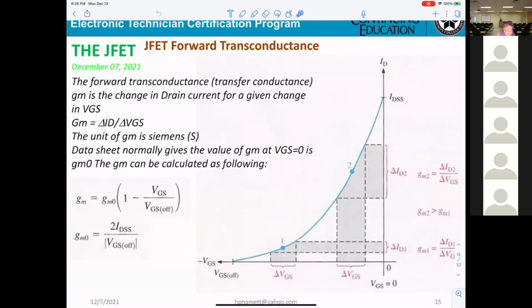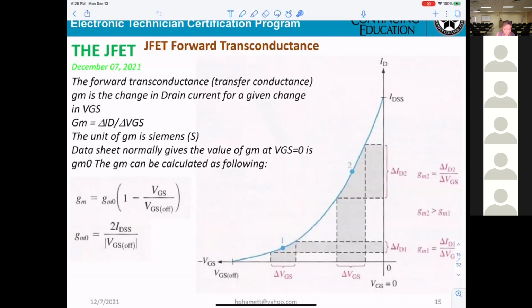Okay. JFET forward transconductance. The forward transconductance means the transfer conductance. GM is the change in the drain current for a given change in the VGS.